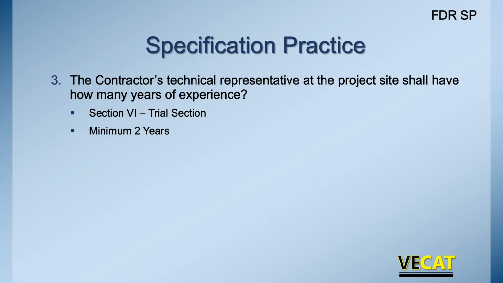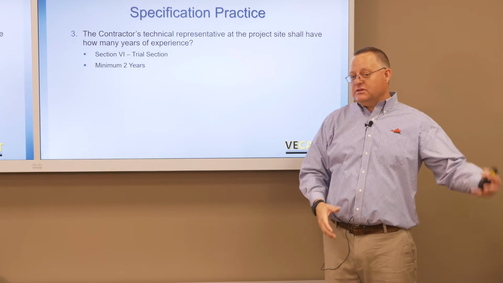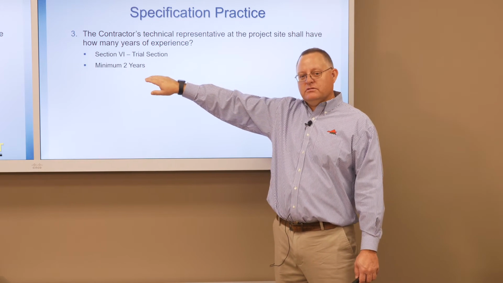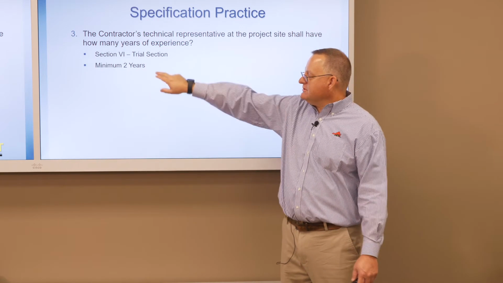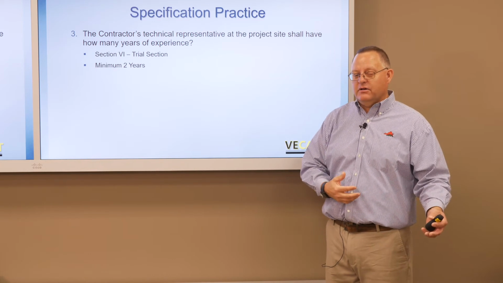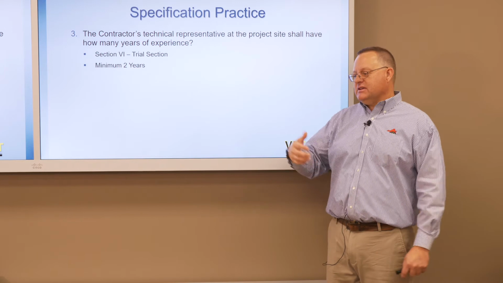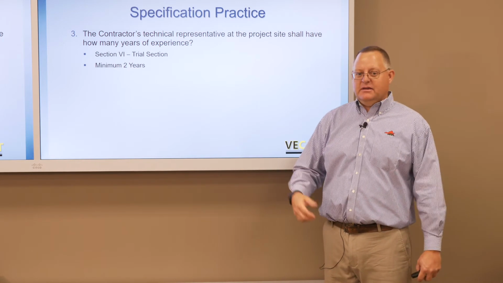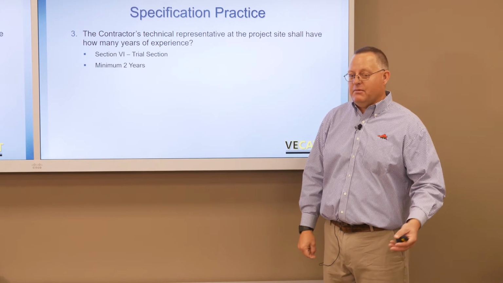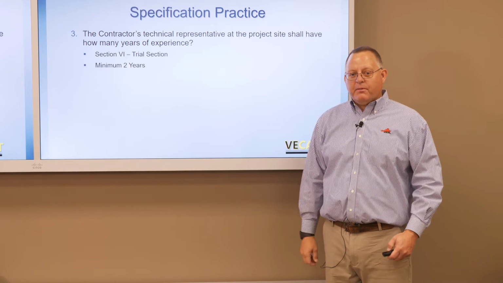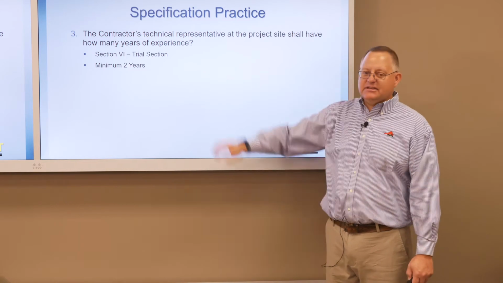The department says, hey, you need to get a technical rep on site. If the contractor hasn't been doing this for multiple years, they may be bringing in an outside consultant or an outside manufacturer representative that has that 2 years to ensure that the whole process is being followed. Everything from the pulverization to the addition of water to the putting in either the cement or the foam, the asphalt, or the emulsion is being properly followed to make sure that the whole process is going to have a successful trial section.